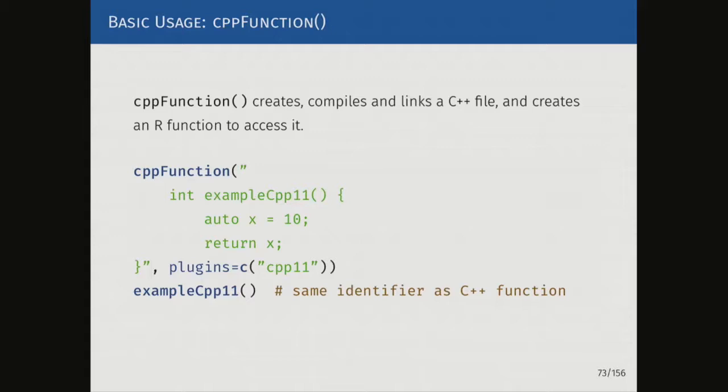I don't know, it will be written somewhere. We have other plugins, other language standards. You can turn OpenMP on and other things. So that's quite useful. And the way cppFunction works, and what we've seen, is that the identifier embedded in the code that you submit gets used as the identifier for the calling function. But that's otherwise similar to what we've done with cumsum in these examples when we set them up.